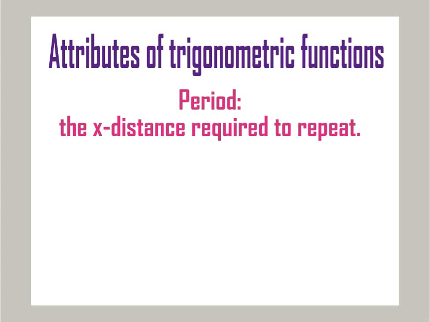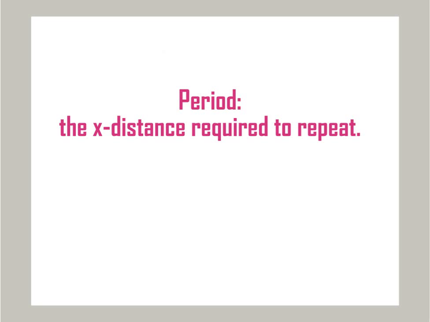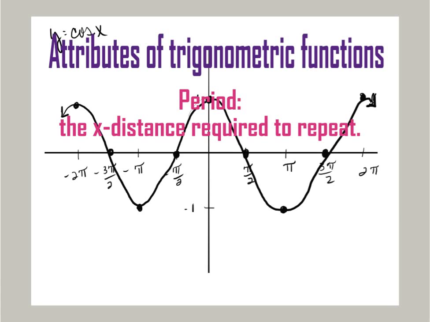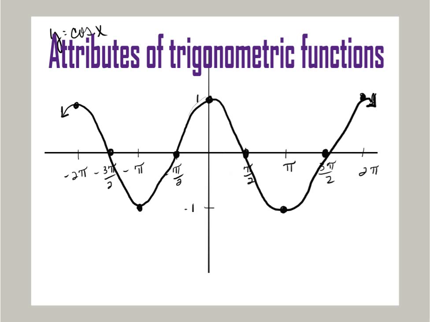The first one is the period. The period of a trig function is the x distance required for that trig function to repeat. And this is what I mean by that. Let's suppose we have the cosine of x. How long does it take for this function to repeat? Well, it starts here at 0.